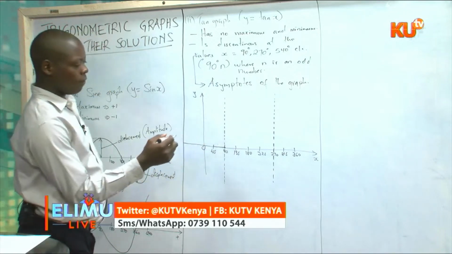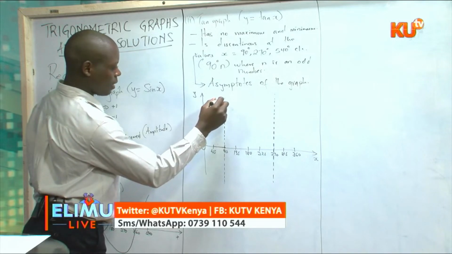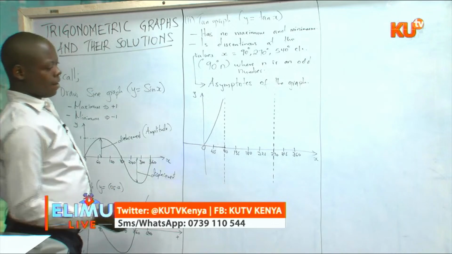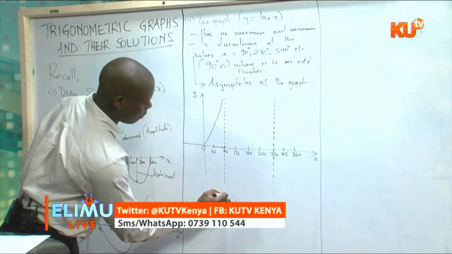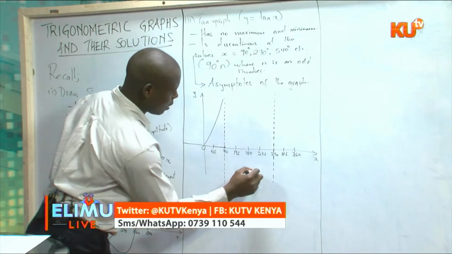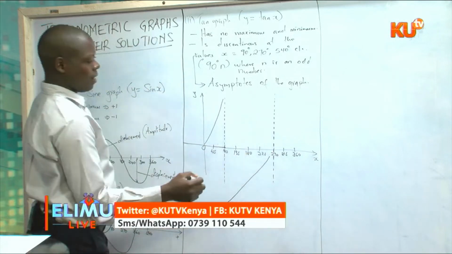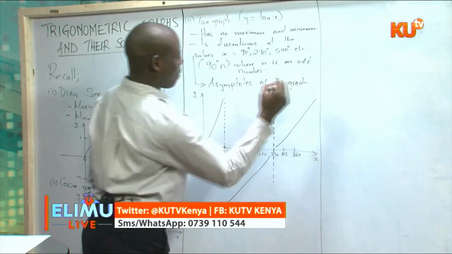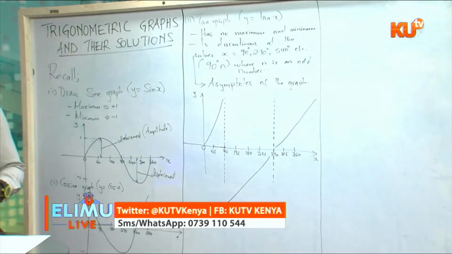So this is how the graph will rise. It rises. And then at this point, it starts from the lower point and then rises. At this point, it rises again in that form. So that is what we call the asymptotic graph.